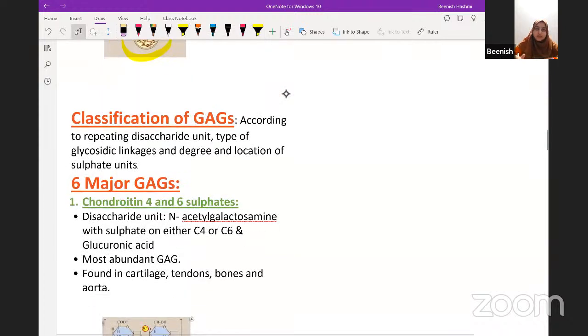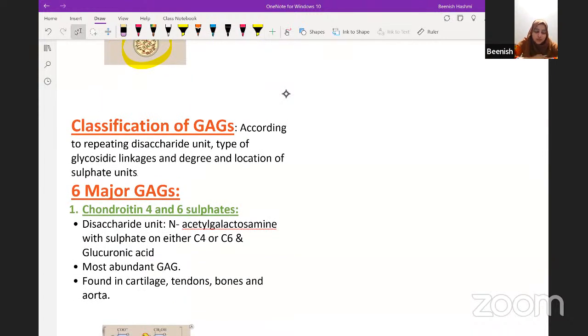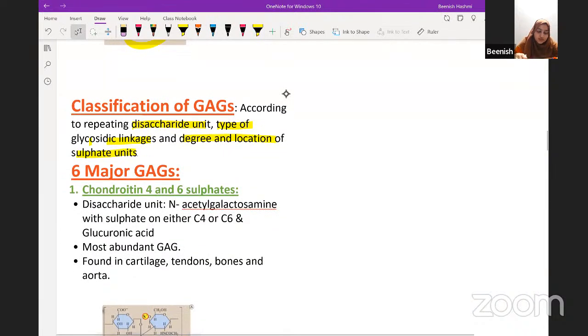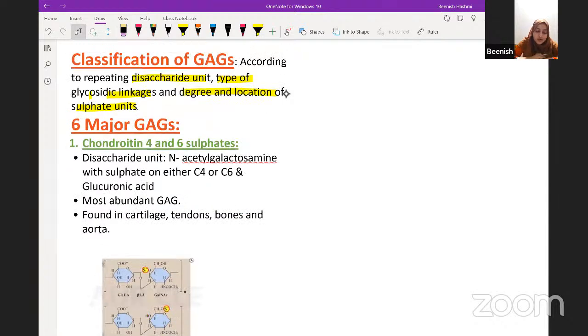Now moving on to the classification of GAGs, which is based on the repeating disaccharide unit, types of glycosidic linkages, and degree and location of sulfate units. So the six major GAGs are chondroitin 4 and 6 sulfates and others. For your exams, if you get a short note on GAGs, you should know the basic structure, that it is made up of amino and acidic sugar.